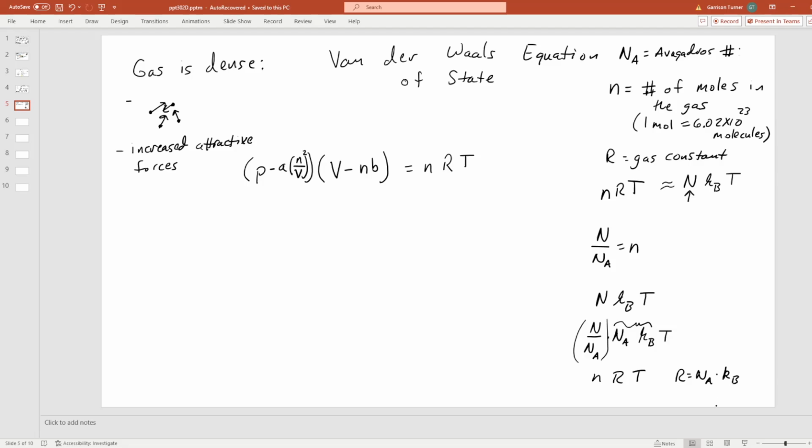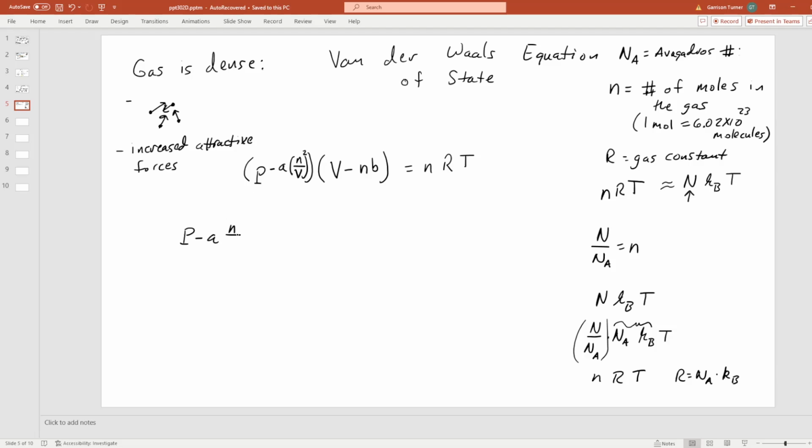Okay, so that's all that's going on on the right-hand side. We're moving from looking at things in terms of the total number of molecules to the number of moles.